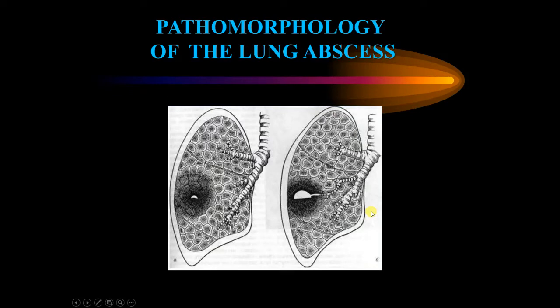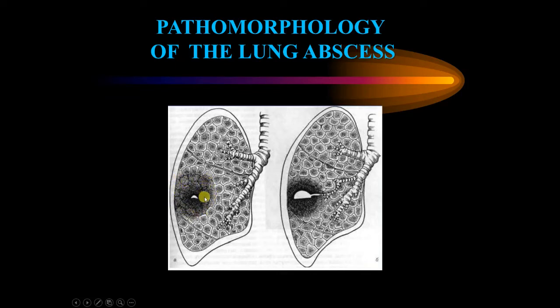Let me show you how it looks schematically. Pathomorphology of the lung abscess. At first there will be formation of the infiltrate. Activation of the microflora happens because of different reasons, and there will be formation of the infiltrate with a purulent focus and of a pyogenic membrane around the abscess.